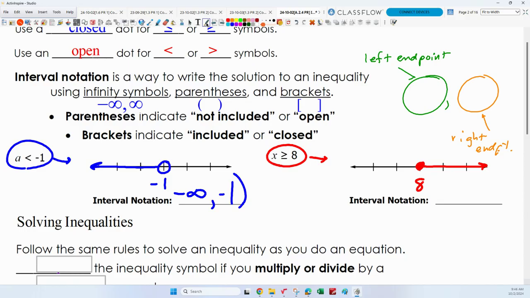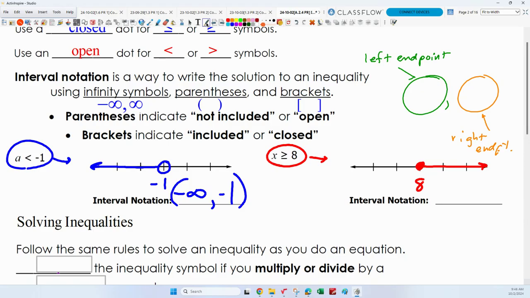Because a bracket would mean that the ant could stand on the endpoint, which he can't. So what am I going to use always with an infinity? I'm always going to include a parenthesis. Parentheses is plural; singular is parenthesis. Not that that's a big deal, but if I'm talking about a single one, I would call it a parenthesis. So I would have to include a parenthesis to the left because I've got an infinity symbol. Give me thumbs on that. That make sense?